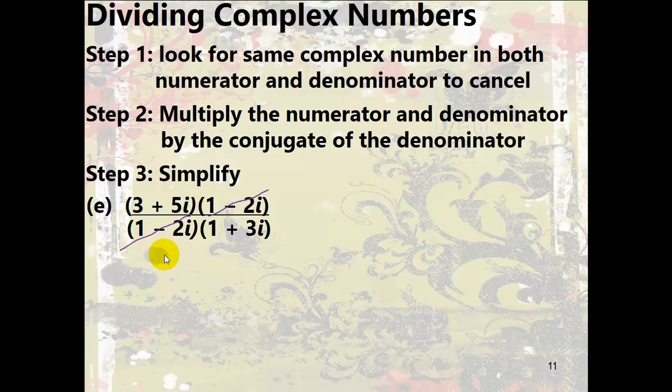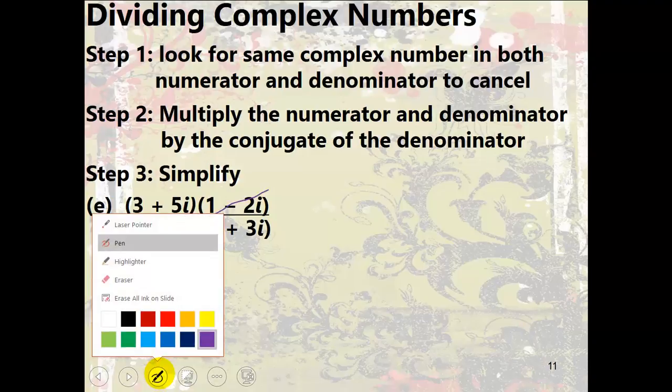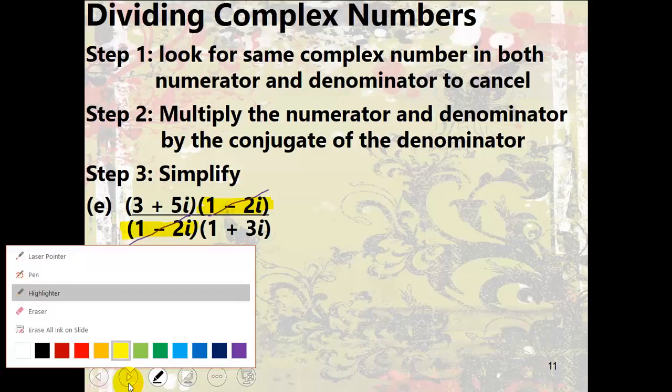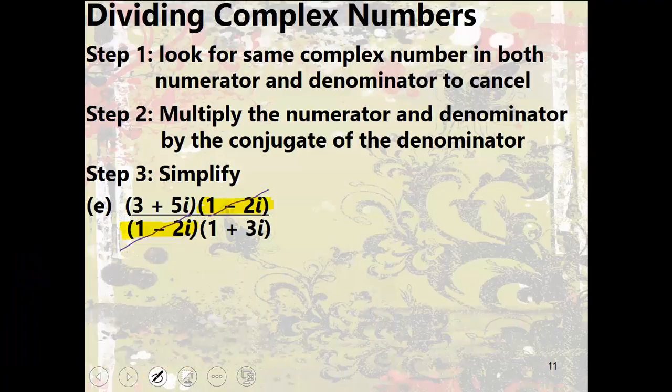You can't just take out pieces of things. See how these match? So they cancel. And when things cancel, they become 1. I'm going to rewrite it so it doesn't look so messy. I have 3 plus 5i in the numerator and 1 plus 3i in the denominator.